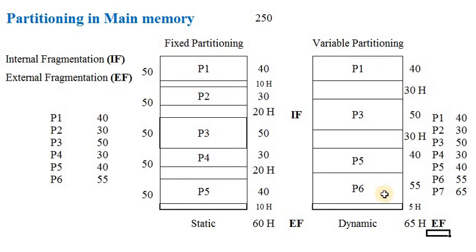That means all the holes are scattered in the main memory, not in contiguous locations. If one process has to be accommodated in the main memory, the empty hole should be in contiguous locations. If they are not, we cannot allocate that process into the main memory. So here also there is external fragmentation.